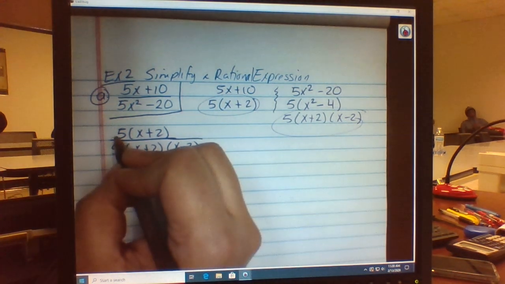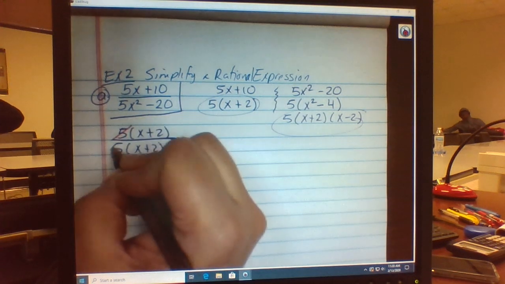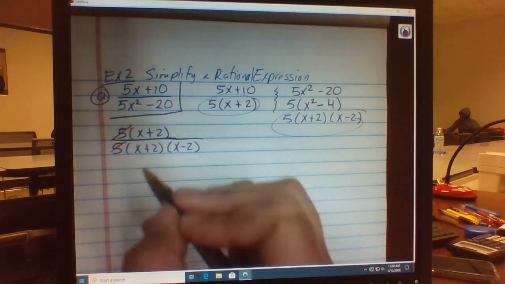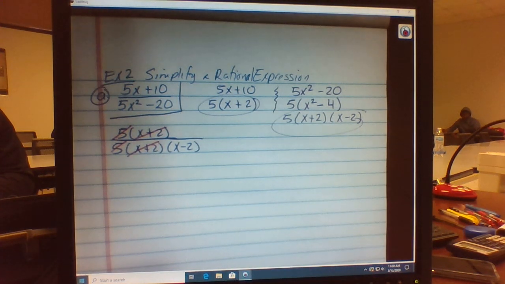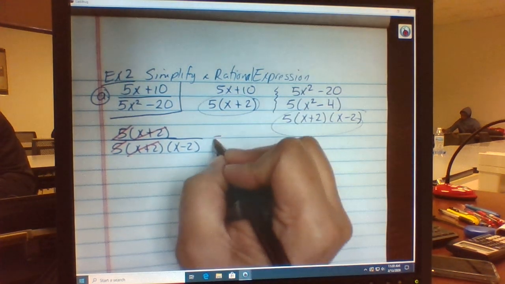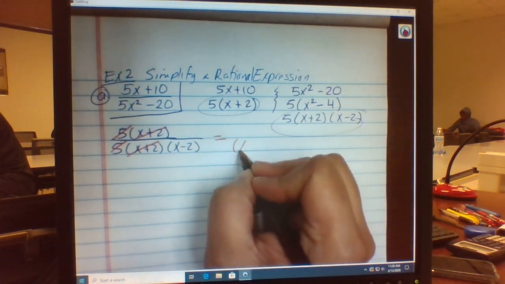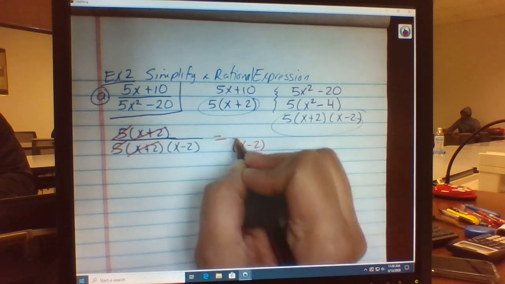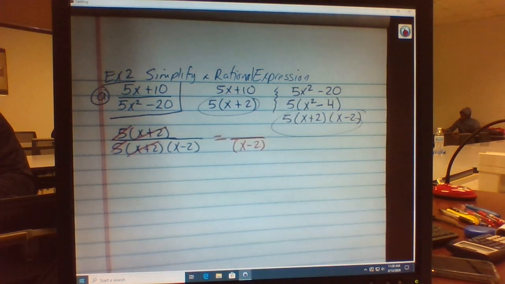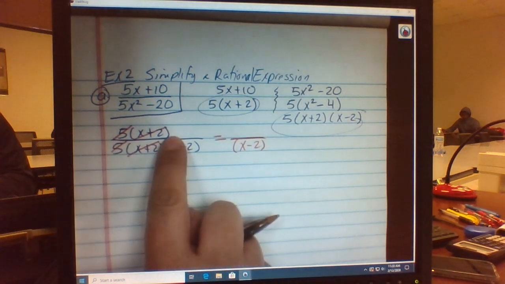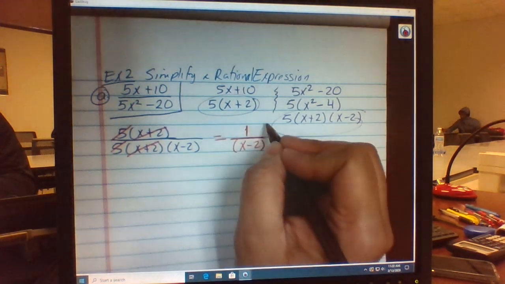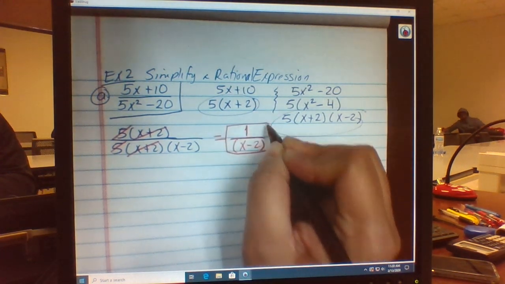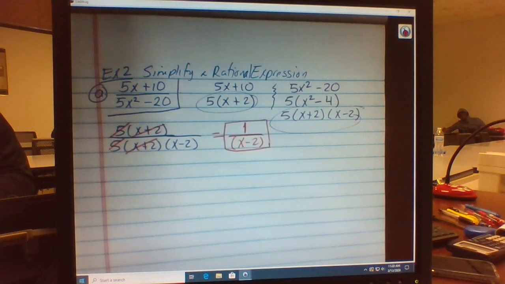So I have a 5 here and a 5 in the bottom, so we kiss them goodbye. I have an x plus 2 here and an x plus 2 here, you kiss them goodbye. Now, the only thing I have left is an x minus 2 in the bottom. There's nothing on top, but you cannot leave it as nothing. When everything eliminates, you're going to have to put a 1. This is going to be your final answer for this problem.